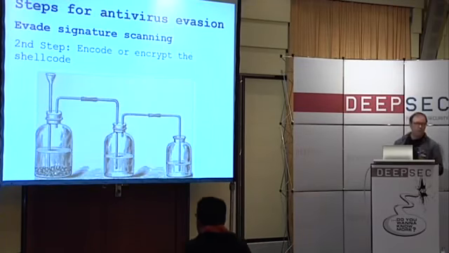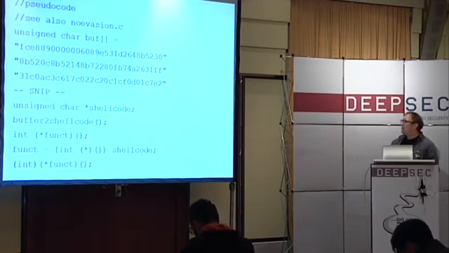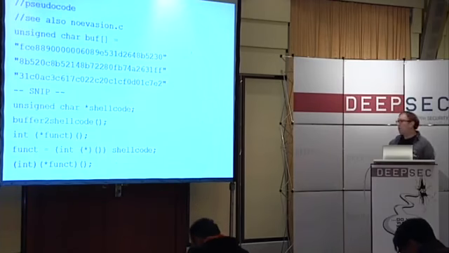Then we need to encode or encrypt the shellcode as a second step to evade the pattern recognition. As you can see here, this is a simple example for this. You can see the whole code, if you like, from the repository too. My encoding is pretty simple.